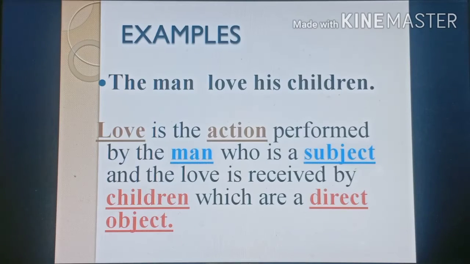So can you see the connectivity between the three things? Subject, verb and the object. So love is the action over here, man is the subject, and the children over here are the direct object who are receiving that love from the subject, right?